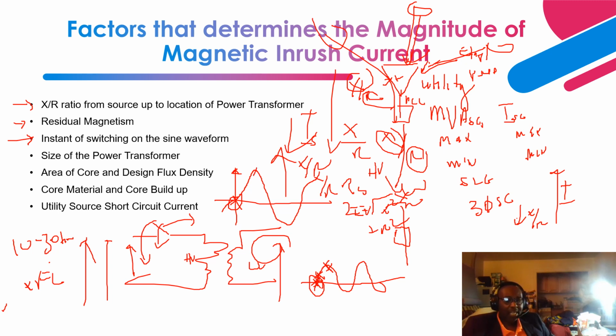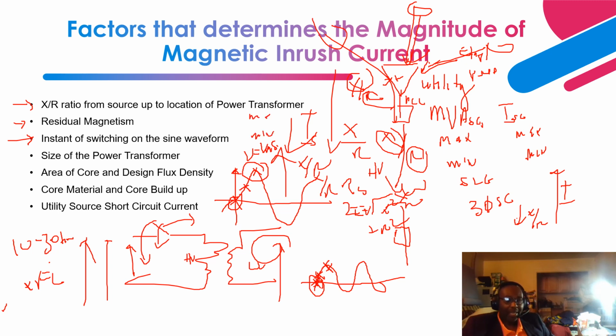On the other hand, if you energize the transformer at this location of the sinusoidal wave, this is where you will have the lower magnetic inrush current flowing. In between is where you will have values between the maximum and the minimum.